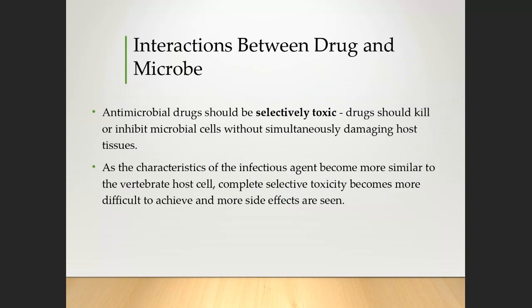And again, this is the primary principle for development of drugs or chemotherapeutic drugs, which is that it has to be selectively toxic. For the bacteria, maybe it's easier because the bacterial cell is different from the human cell.